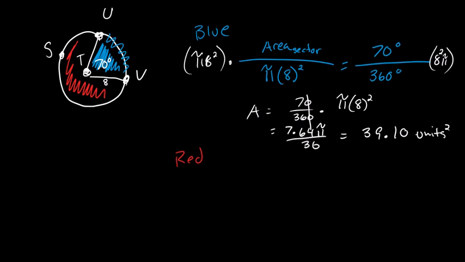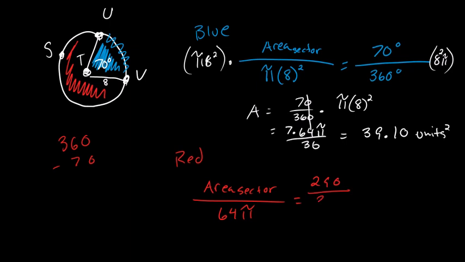Now let's set up the red. Alright, area of the red, area of the sector. So this is still going to be over 64 pi. And it's not 270. I need to take that away from 360. Alright, so that's going to give me 290 over 360.